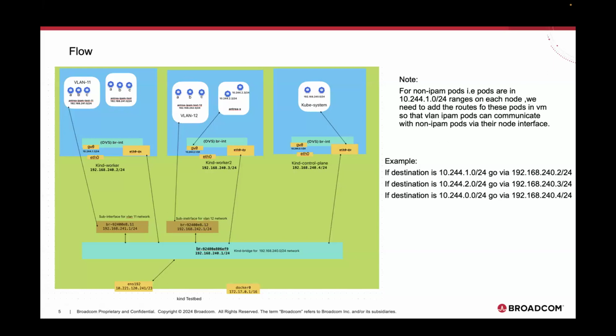So we have added a route, and if VLAN pods want to ping a 10.244 range IP, it will go via the node interface. I have added these routes on the VM, which we will see in the demo. So can I go for the demo?